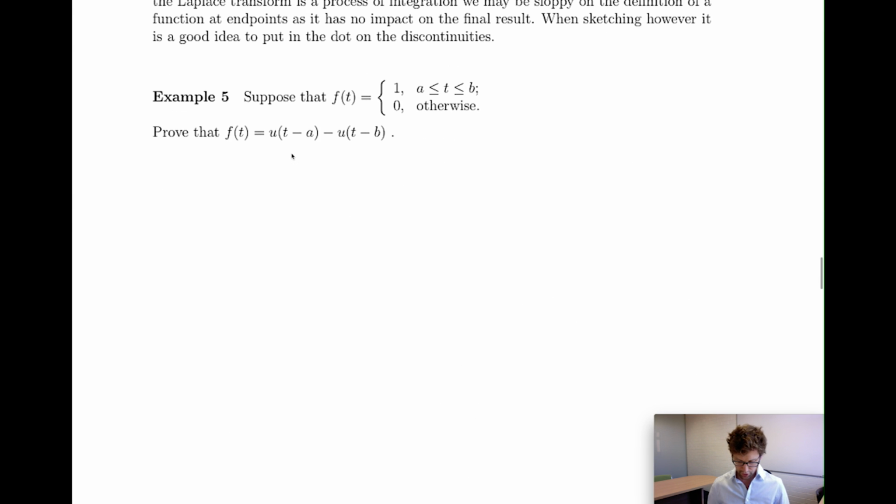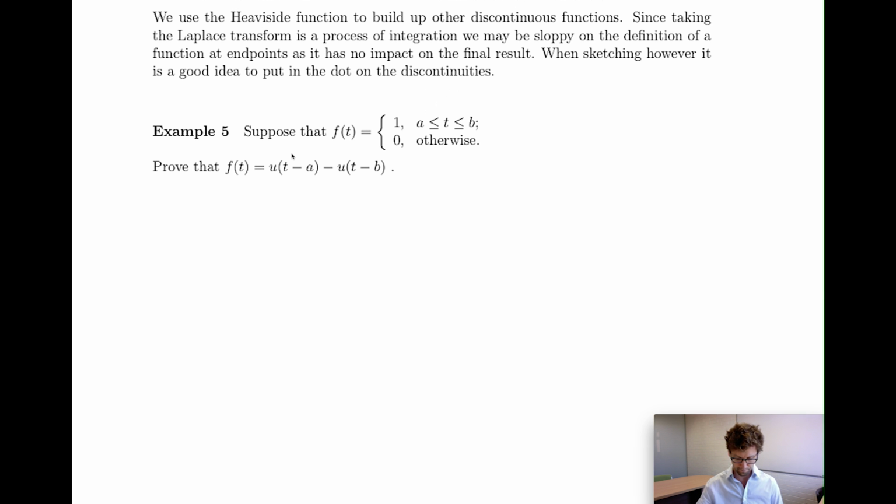So we have a function f of t is equal to 1 when t is between a and b, and it's equal to 0 otherwise. So everywhere outside of that interval, a to b. Let's first of all sketch it, and then we'll look at how we can represent this function as a Heaviside function, or a combination of Heaviside functions.